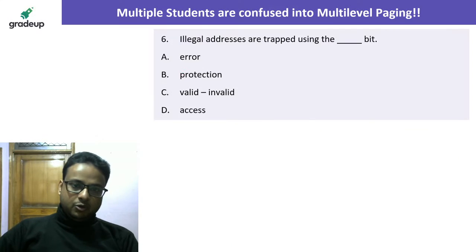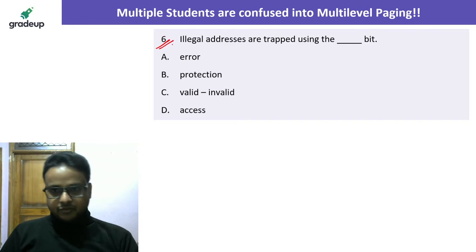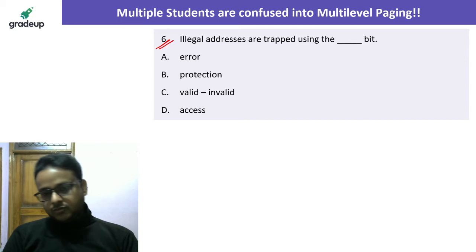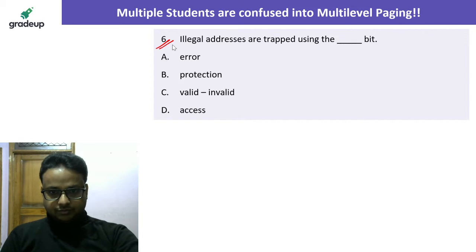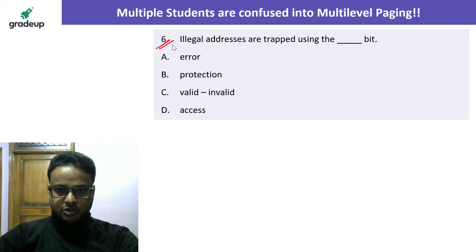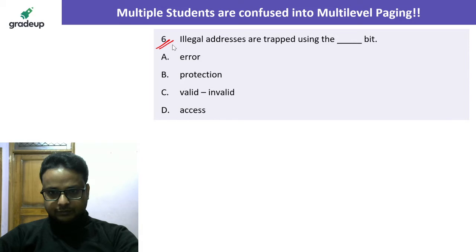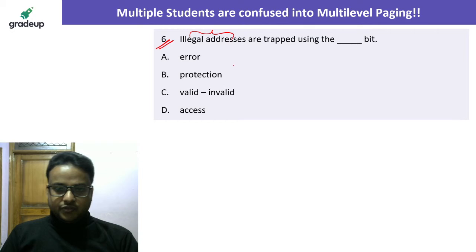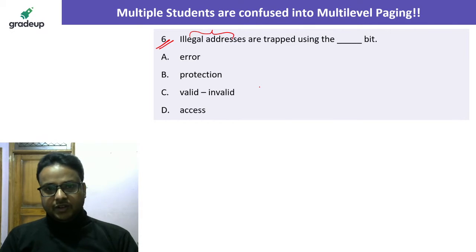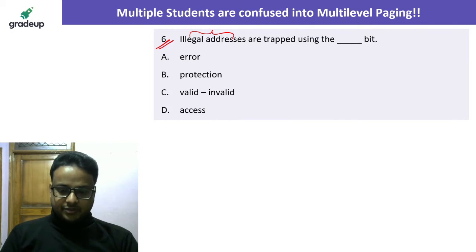Now we will move to question number 6. It says illegal addresses are trapped using the dash bit. Illegal addresses means suppose we are entering some address that is not within the range of the process. So we call this an illegal address.